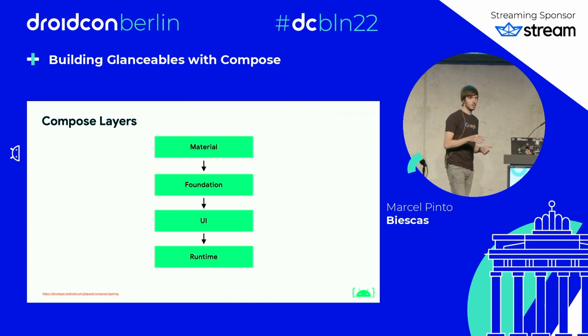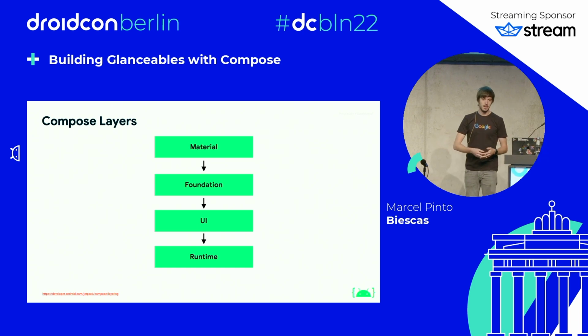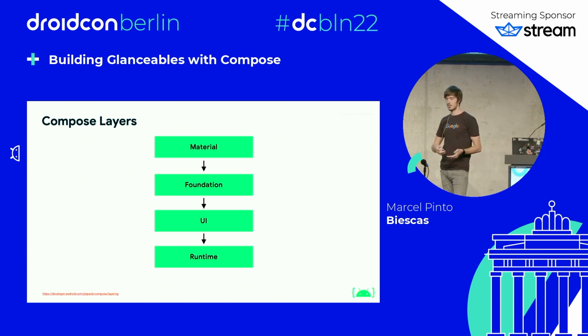In the base layer, you have the runtime. This is the one that is used to generate the tree structure that will then be used to render the actual UI. Then the UI layer will offer you some capabilities like text, graphics, and so on that the foundation is using in order to create the basic set of composables that defines your UI.